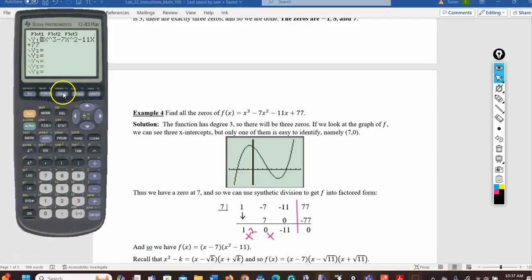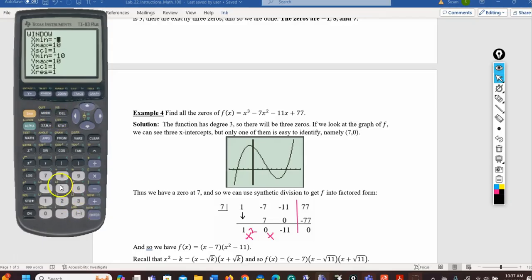I'm going to go back to Zoom 6. Okay, so this could be refined a bit more. I might take the x value, say from -5 to 10, and I'd like to see what's going on more at the y, taking it beyond -10 to 10.